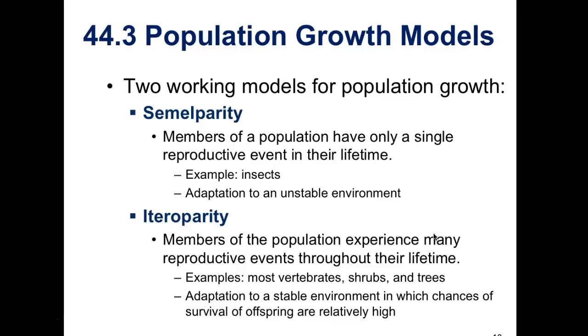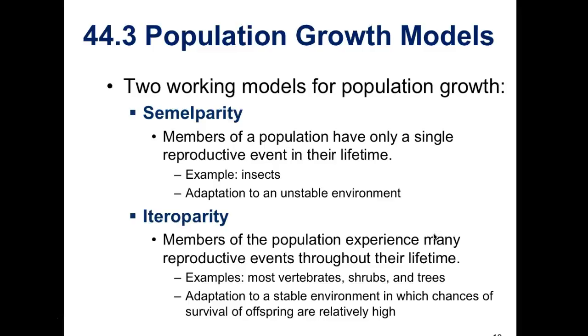The other type is heteroparity, and in the heteroparity reproductive mode, members of the population are going to experience many reproductive events throughout their lifetime. This is typical of most vertebrates like humans. We do see it in shrubs and trees as well.